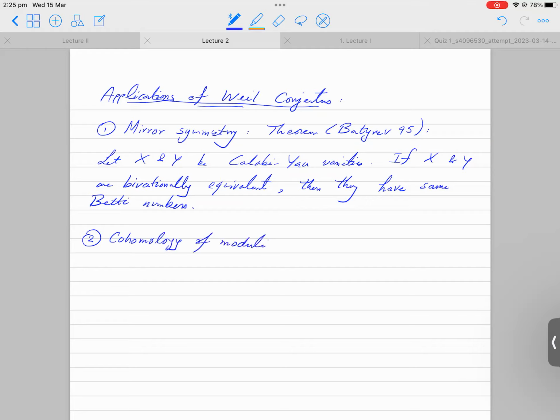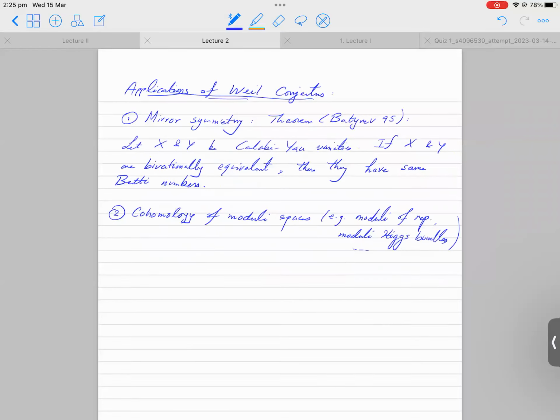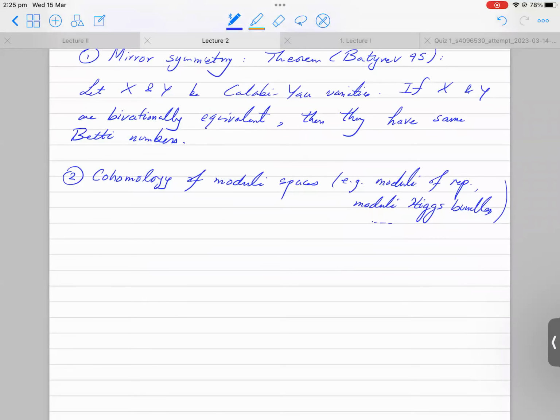And this is the area that my students and I are working on. So what moduli spaces do I have in mind? For example, moduli of representations of fundamental groups of surfaces, or moduli of things called Higgs bundles, etc. And it turns out that the only way to access the cohomology of many of these moduli spaces is through the Weil conjecture, by counting points over finite fields.